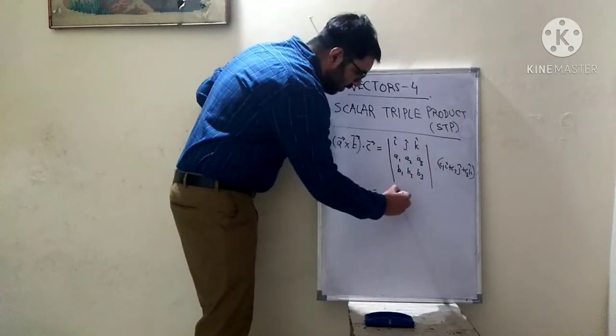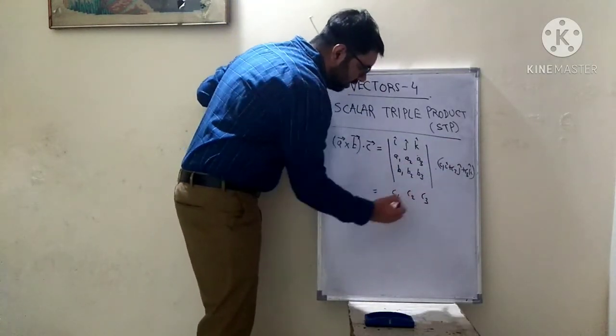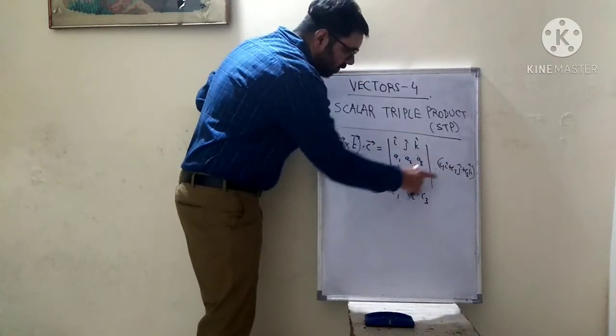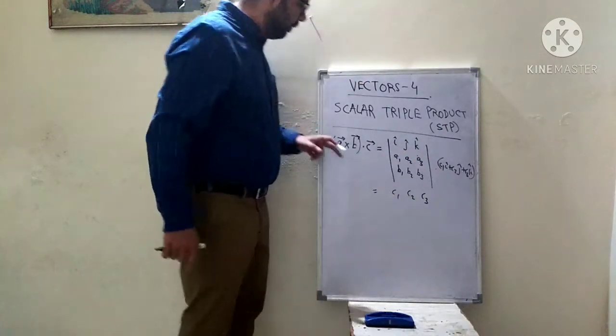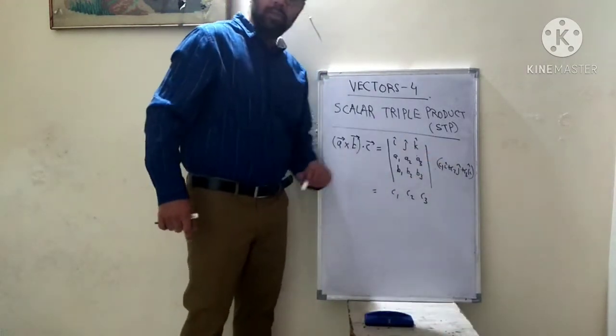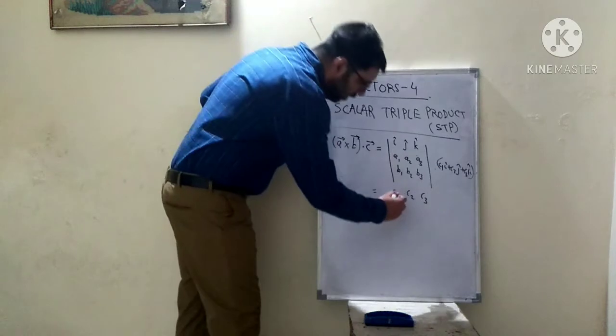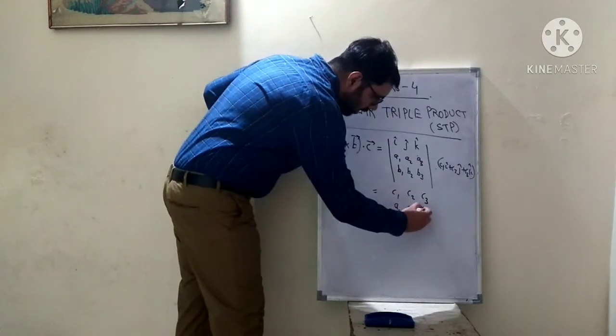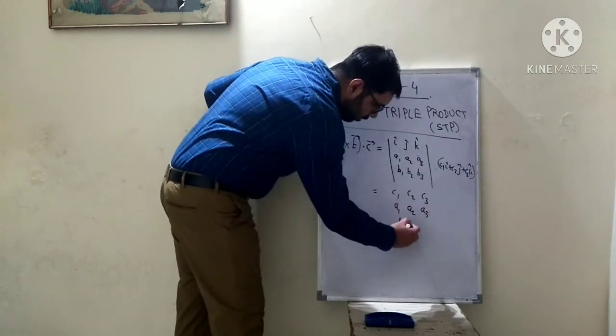As a result we will get C1, C2 and C3 as the first row, because I cap dot this vector becomes C1, J cap dot this vector becomes C2 and K cap dot this vector becomes C3, and the remaining two rows come as they are, A1, A2, A3 and B1, B2, B3.